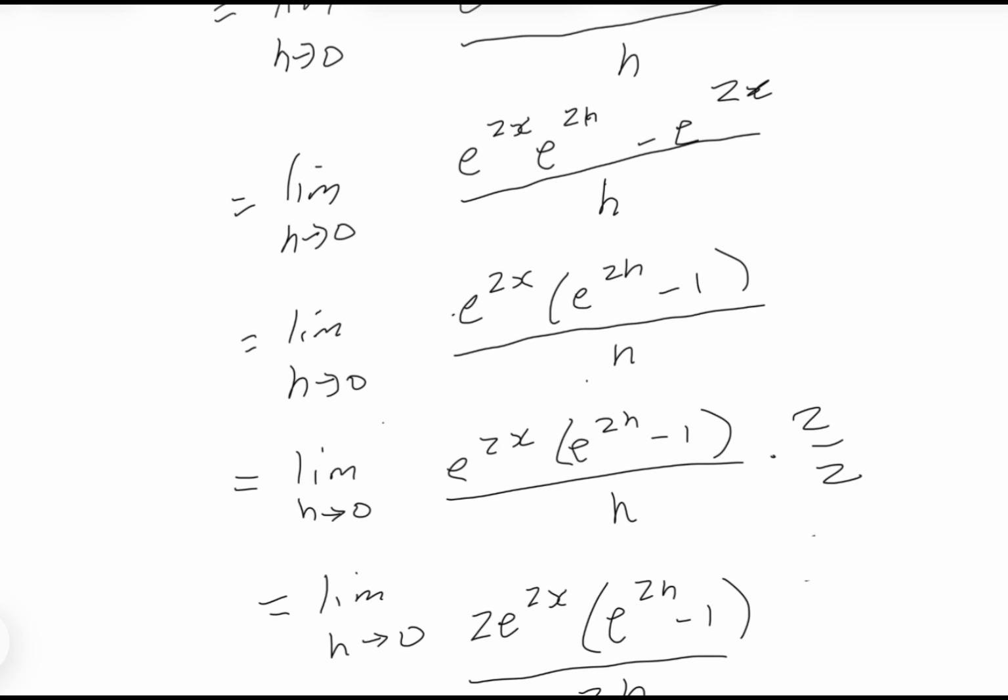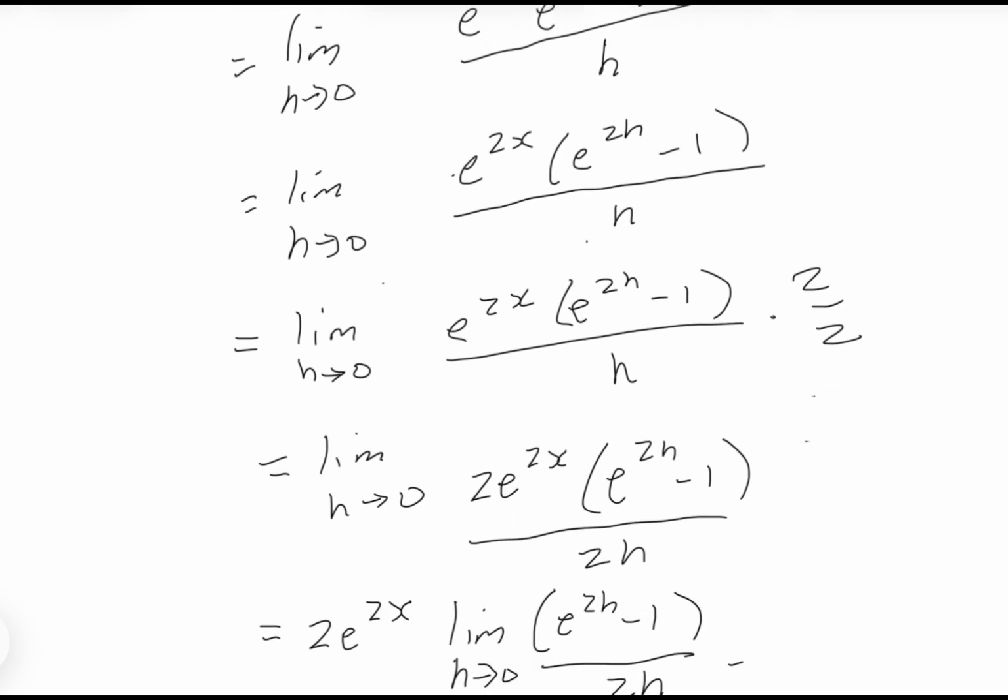So then we can multiply by 2 over 2, so we can get a 2h at the bottom. So that's the limit as h approaches 0 of e to the 2x, brackets e to the 2h minus 1, times 2 over h times 2.